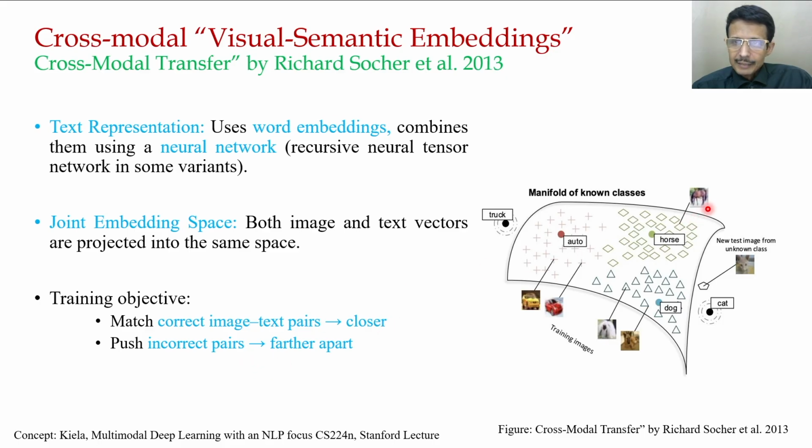Whereas if there is an image of a horse but text regarding a car, that should be further apart. So it is a bit contrastive. This is the basic idea of the cross-modal visual semantic embedding by this paper of this course.